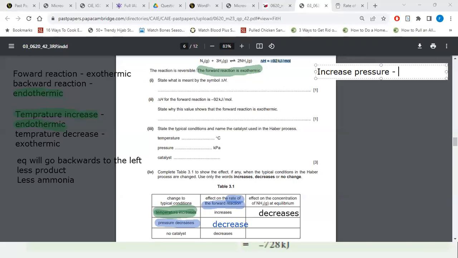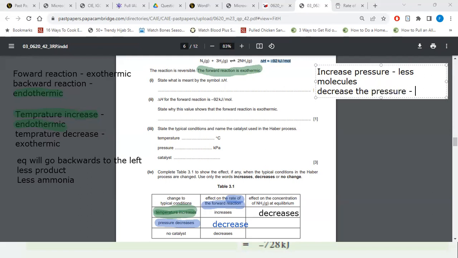It will go to the side that has less molecules. Completely correct. And when I decrease the pressure, where will it go? It goes to the side with more molecules. Correct. So over here, we have the right side and the left side. How many molecules on the right side?